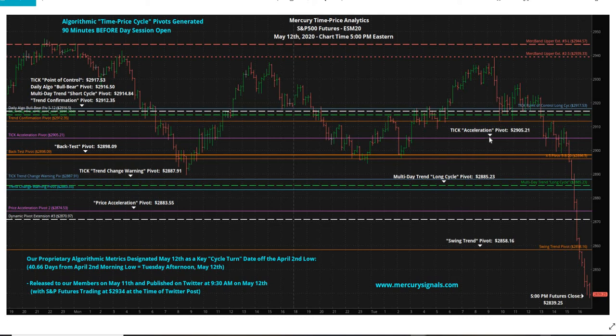So that puts you down into the tick acceleration pivot at 28.05. Tick acceleration pivots, first time down into them, they tend to hold at least for a little bit. So you came down here into the 29.05 where the tick acceleration pivot is, bounced right back up to the trend confirmation pivot. And again, these were all published before the market opened, before the day session opened.